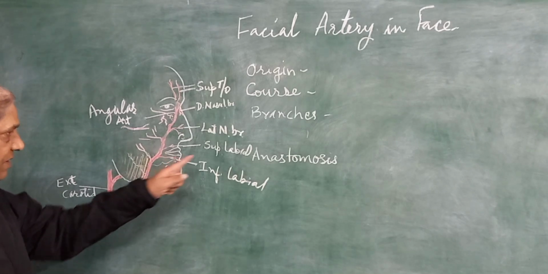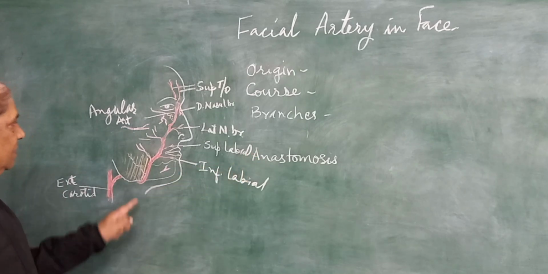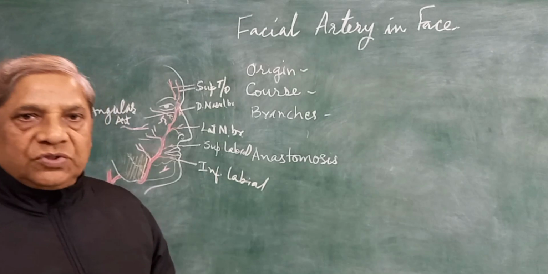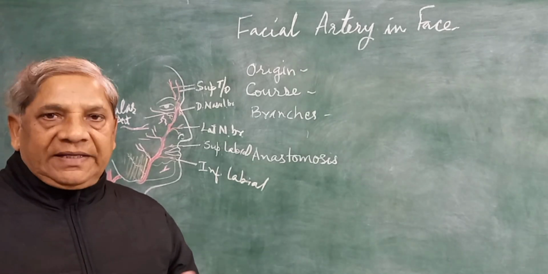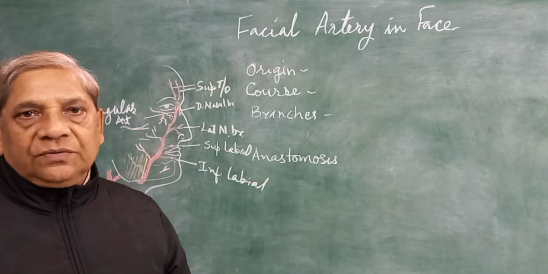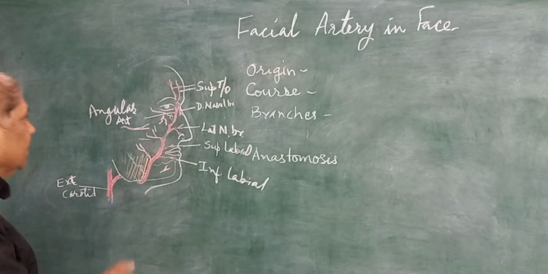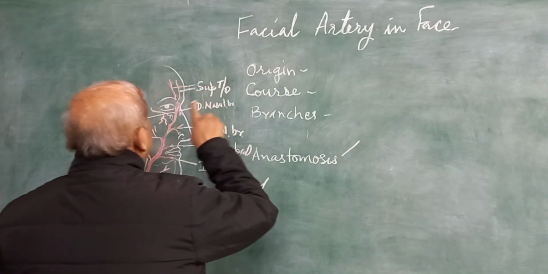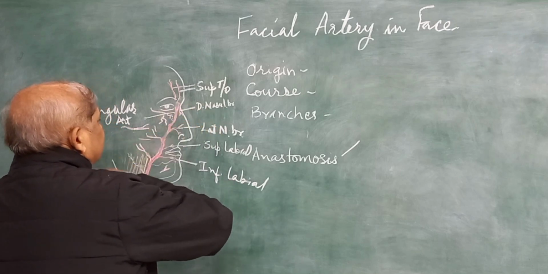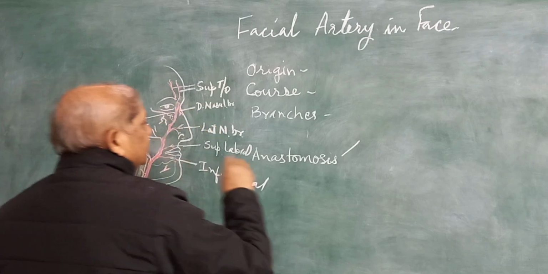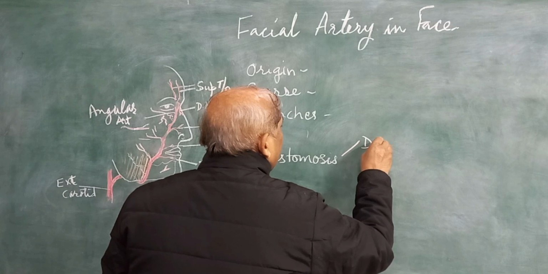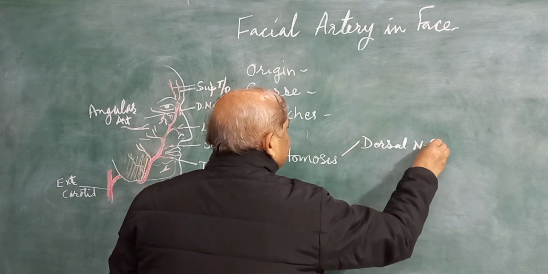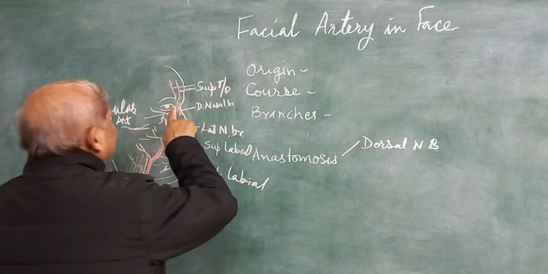Now let's come to see the anastomosis. The facial artery makes many anastomoses with many arteries, and thus the blood supply to the face is very rich. The first anastomosis which we can see here is that of the dorsal nasal branch, which is a branch from the ophthalmic artery.